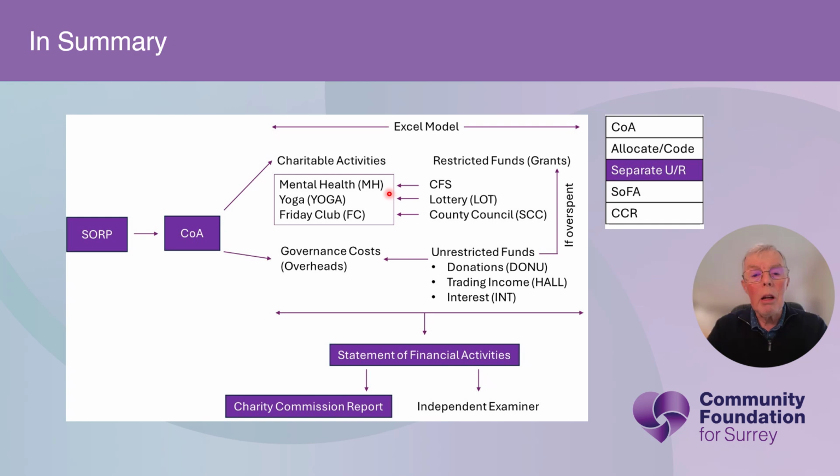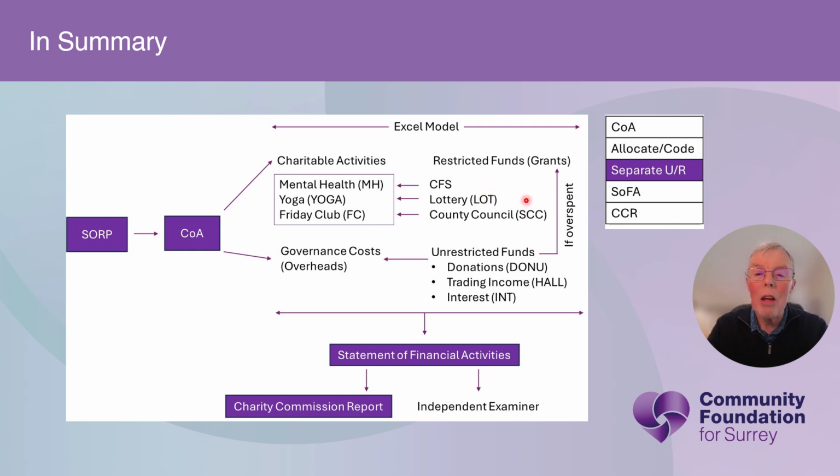So if the mental health program is being funded from CFS in accordance with your grant application and the grant award and the letter, then you will use a code called CFS for any expenses associated with the mental health program. In other words, your code will code mental health activities against the fund called CFS.